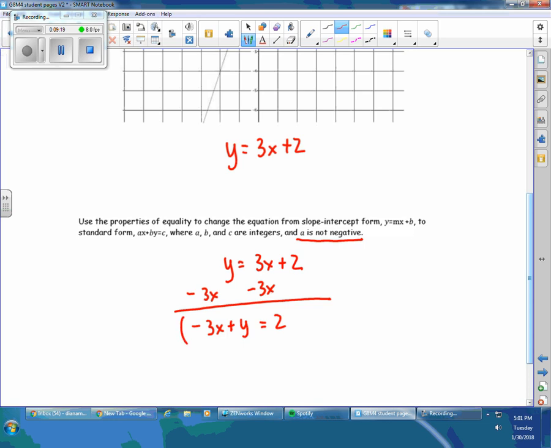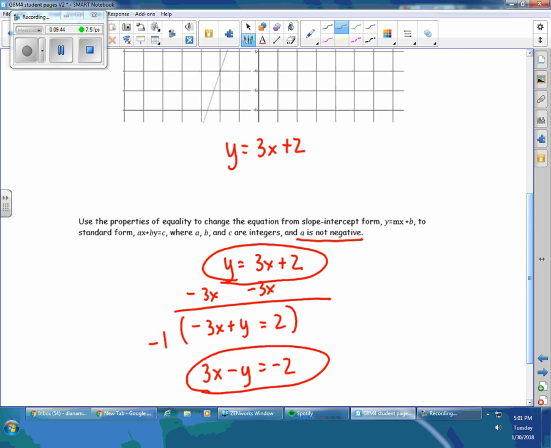So I need to multiply the whole thing by -1. -1 times -3 is going to be a positive 3x. My positive y changes to a negative y, and my positive 2 changes to a -2. The equivalent equation in standard form would be 3x minus y equals -2.